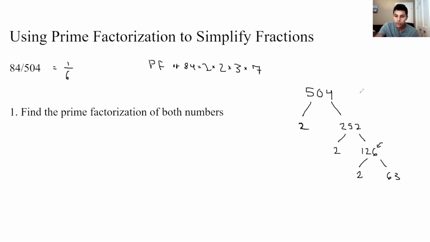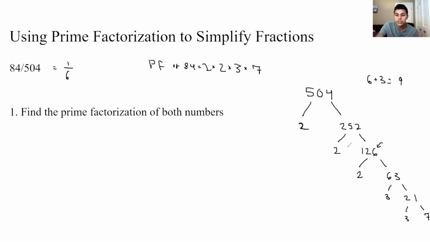All right, and so next, 63, since it's not ending in an even number, it's not divisible by 2 again. However, using our rule from the last slide, if we add the digits, 6 plus 3, we get 9. And since 9 is divisible by 3, that means 63 is also divisible by 3. So if we divide it by 3, we get 3 and 21. And again, 3 cannot be broken down any further, but 21 can be into its only 2 factors that aren't 1 and itself, which are 3 and 7.